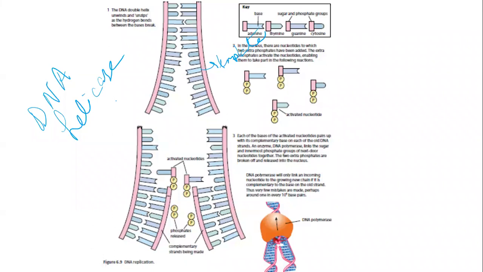Your DNA polymerase is going to make sure that only complementary base pairs can arrange on top of each other. If the complementary base pair is not there, DNA polymerase will not make the phosphodiester bond. So DNA polymerase will make sure that complementary base pairs are arranged in front of each other, and then it will make your phosphodiester bond to complete your chain. That is how the process of DNA replication takes place.